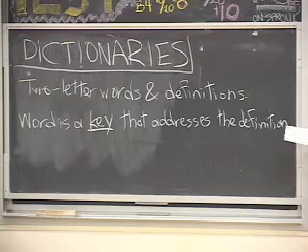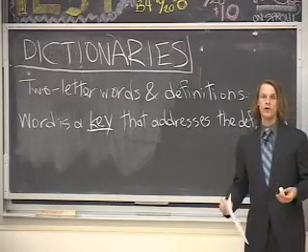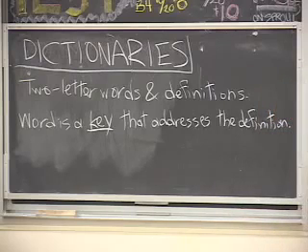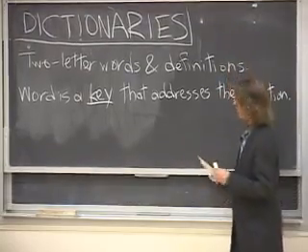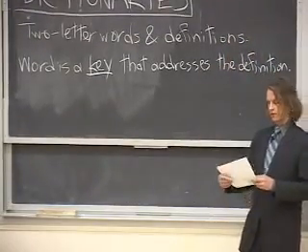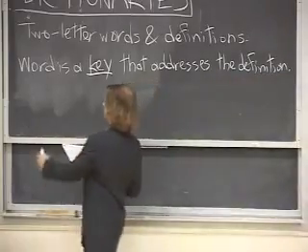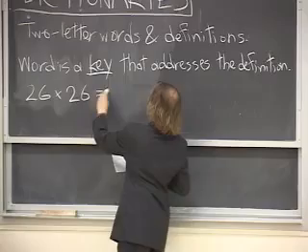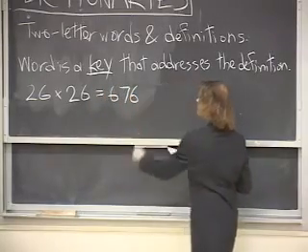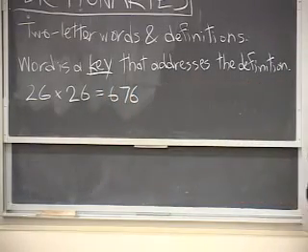We're going to use, of course, this structure for more than just looking up words. We're going to use it to do any kind of map, any kind of function from one discrete set of objects to another can be implemented as a dictionary. But going back to two-letter words for now, there are 26 times 26, which is 676, different possible two-letter words if you just consider every combination of letters that you could put together.